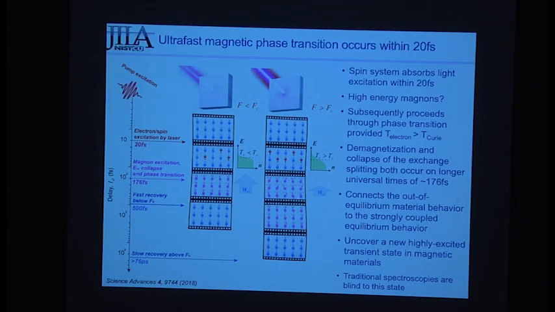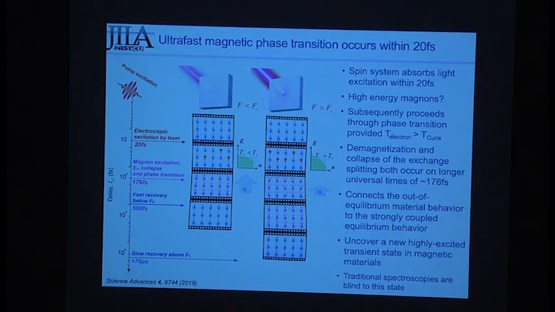But when we come in with photons, through some mechanism, whether it's superdiffusive spin transport or some such mechanism, we flip spins. That's not a normal state that you can get to in equilibrium. If we're below some critical density for spin excitation, then the material recovers very rapidly.